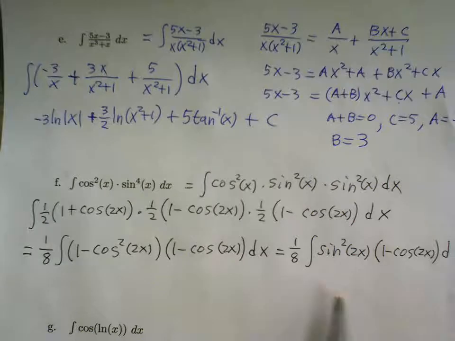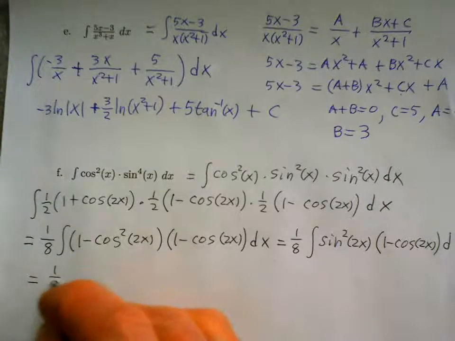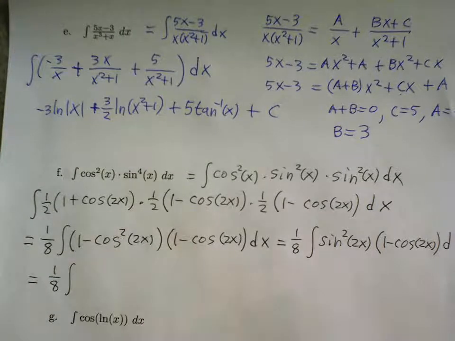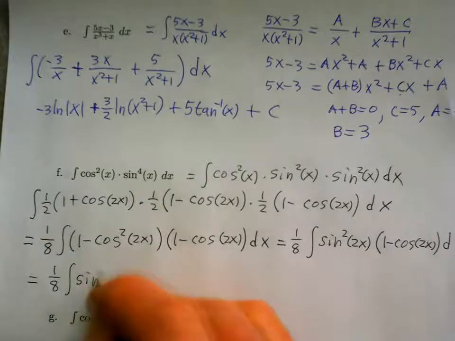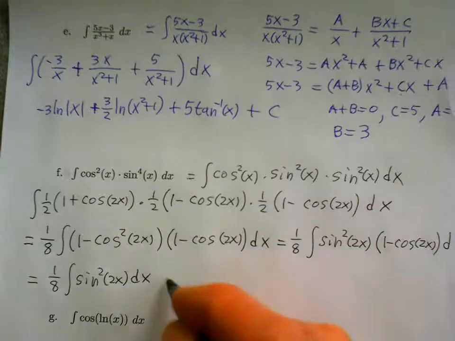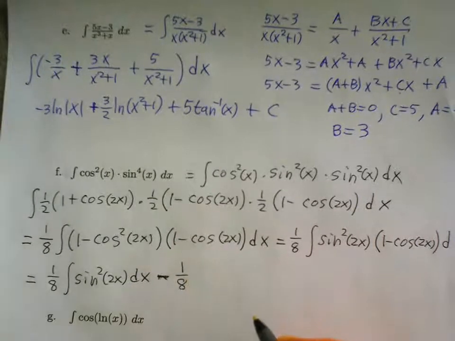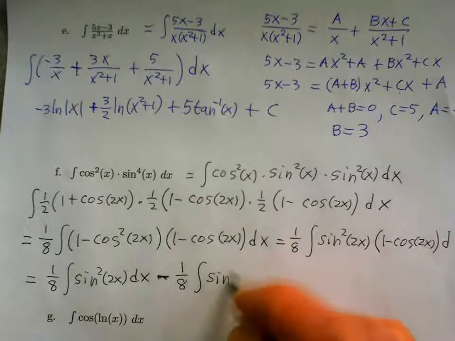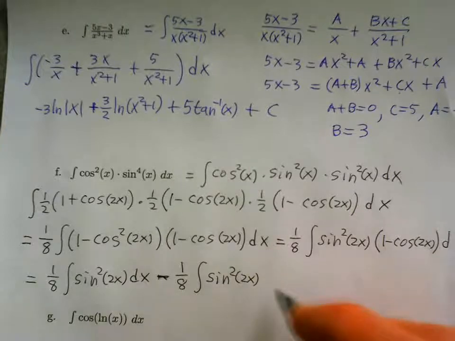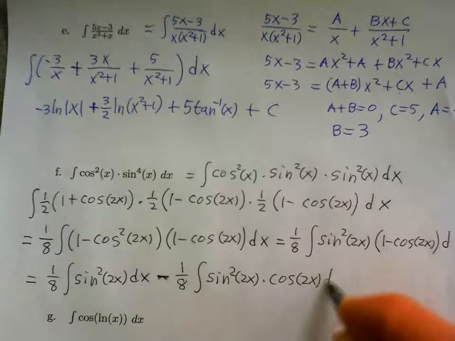And from here, we'll write two separate integrals. One is 1/8 times the integral of sine of 2x squared. And the other one will be minus 1/8 times the integral of sine of 2x squared times cosine of 2x dx.